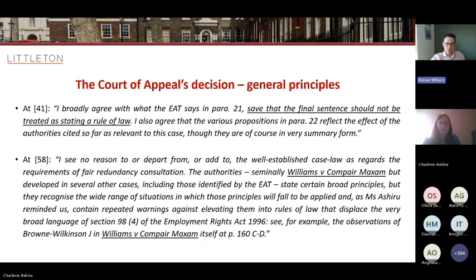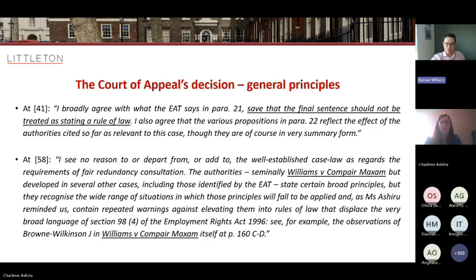We say it so frequently that it almost becomes a truism, but there really is no substitute for the words of the statute. And all that the statute asks is whether the employer has acted reasonably or unreasonably in the circumstances. The Court of Appeal's judgment at paragraph 55 notes that actually the range of circumstances that might arise in small-scale redundancies in non-unionised workforces, just like this one, might be thought to be particularly wide.